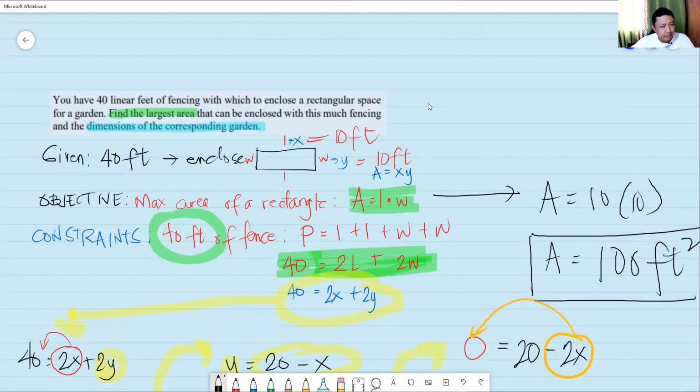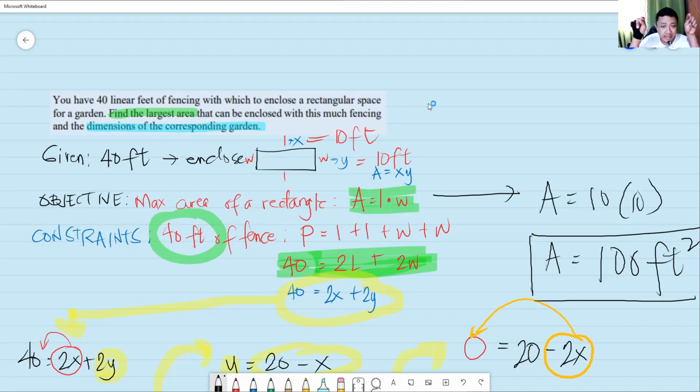Sir, sabi po kasi rectangle. Bakit po naging square? Remember, a square is a rectangle because the definition of the rectangle is it has two pairs of opposite sides parallel and right angles.